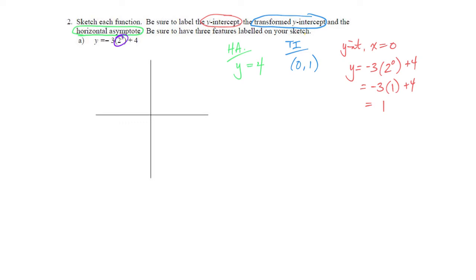The first property that I like to put on is my horizontal asymptote, because that's going to act like a wall, and I know that my graph exists entirely on one side or the other. So I'm going to put on my horizontal asymptote at y equals 4. That means I can go up to maybe this position, and I can label that at y equals 4.